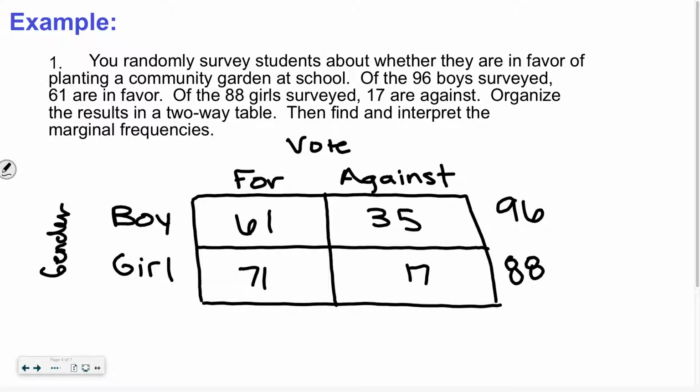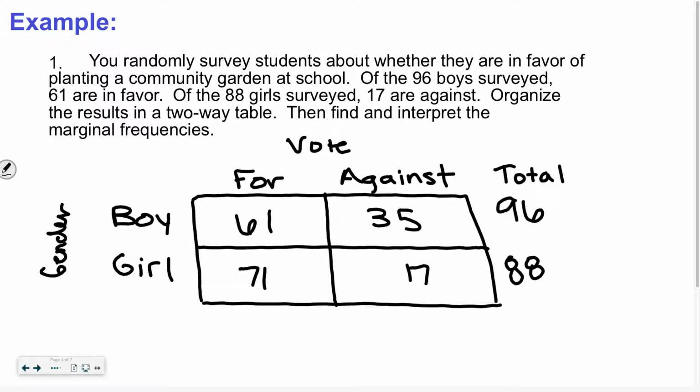So notice on this one, you'll use the total number of boys and girls, the 96 and the 88. Those would be marginal frequencies, a tally of the total number of boys and the total number of girls. So these are out here in the margins. But you'll need that information, like if 96 boys are surveyed and 61 are for, then obviously 35 are against.